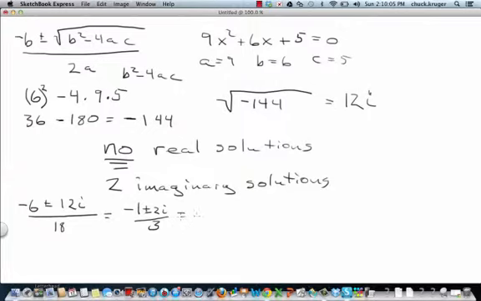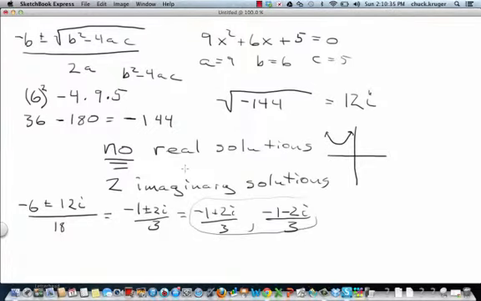Here are my two imaginary solutions: negative 1 plus 2i over 3 and negative 1 minus 2i over 3. No real solutions. In other words, my parabola in this case is above the x-axis. My vertex is above and the graph is going up, so it's not touching. I do have two imaginary solutions, but no real solutions. Why? Because the graph is not touching the x-axis.